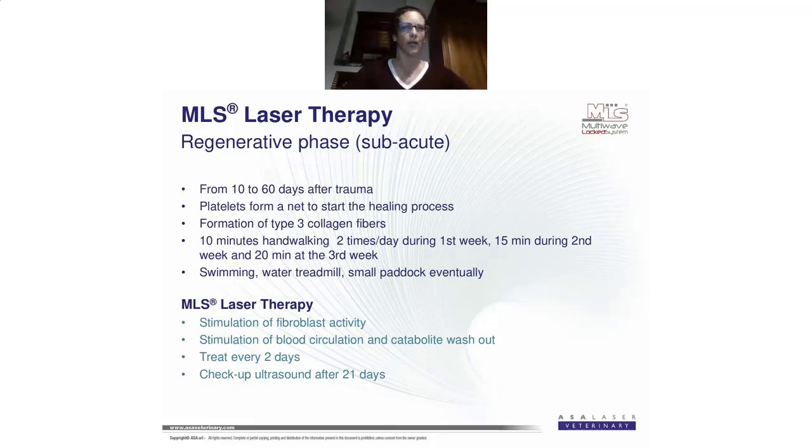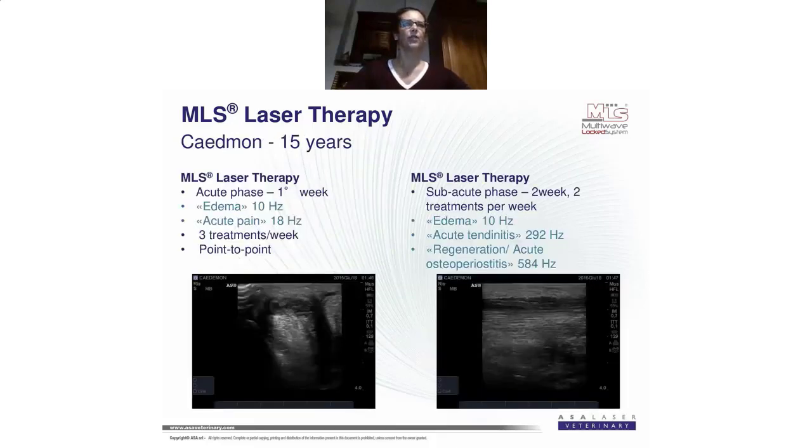It depends also on the character of the horse. But what I need in this phase is the stimulation of fibroblast activity, the stimulation of blood circulation. I treat normally every 2 days, and I make a checkup ultrasound after 21 days. So the acute phase, I treated with edema, acute pain.